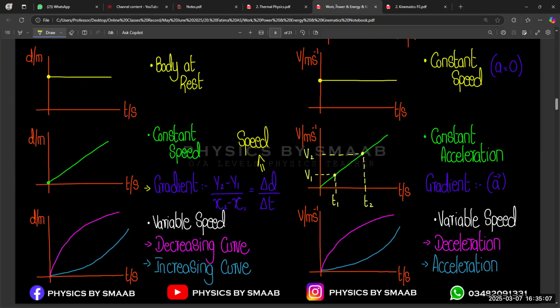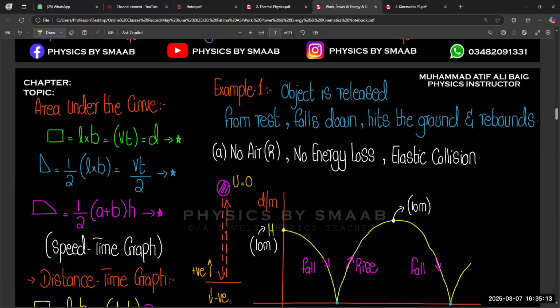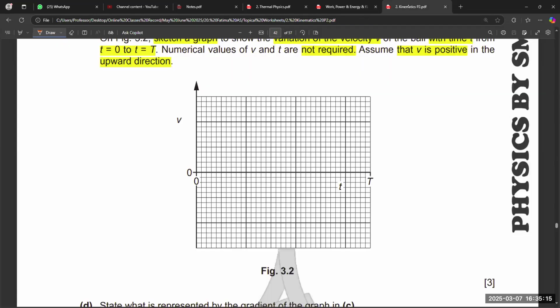So it means we need to show less distance in upward motion and more distance in downward motion. And values are not required. So we can mark a straight line because there is no air resistance, like this. So why this graphical representation?